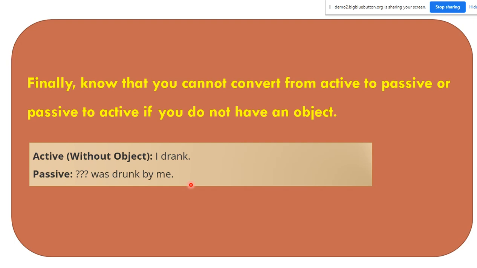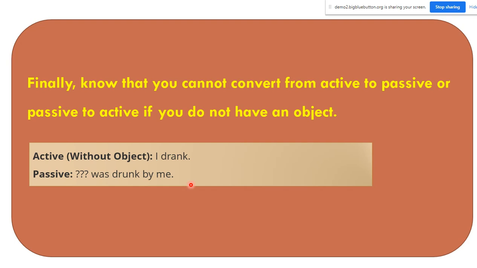Like when you said, the sandwich is eaten. This is a passive sentence, but I don't have the doer of the action. Who is eaten by whom? I don't have the by phrase.